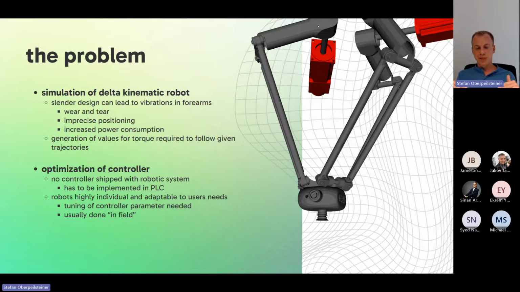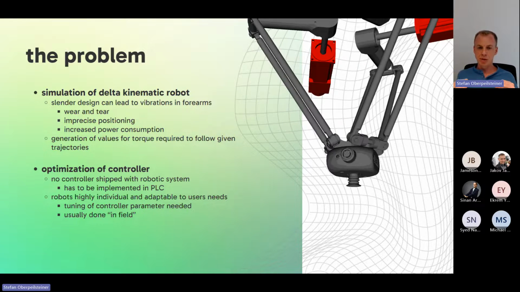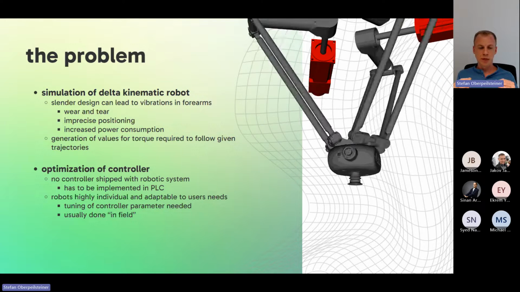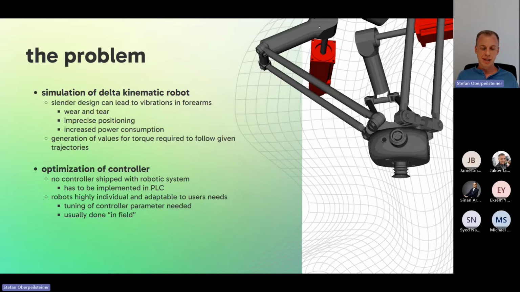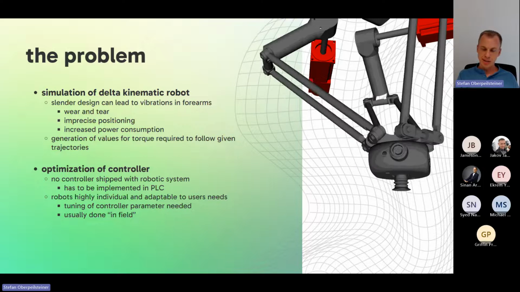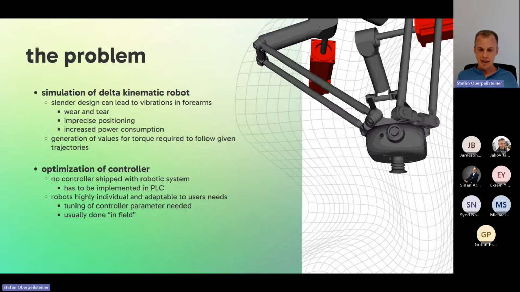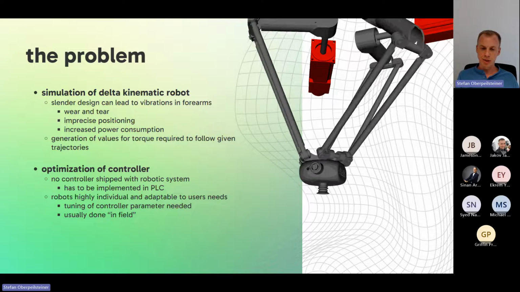And on top of this, so right now we've been in the area of just simulating such a model, but with embedding it into a control loop, we were able to optimize a controller. That means, as I said, there is no controller shipped with the robotic system. This has to be implemented in the PLC. And also these parameters are not shipped with the robotic system.